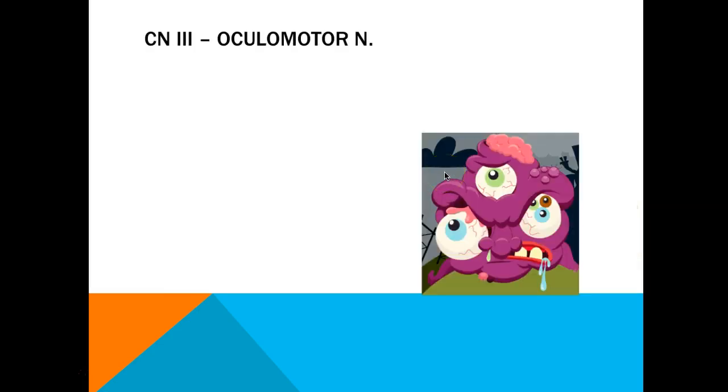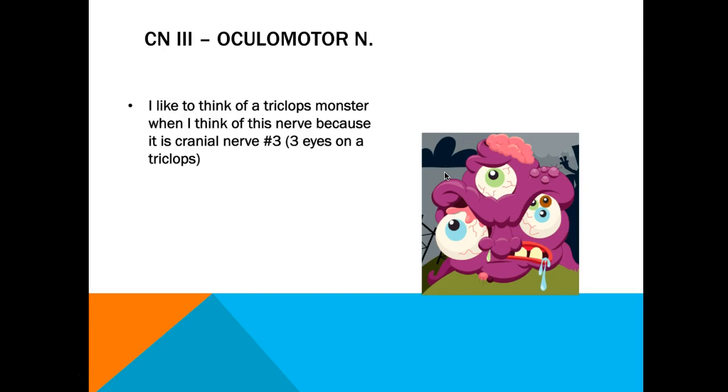So the way I remember what cranial nerve number 3 is, I think of oculomotor as oculomonster. So I think of it as a triclops monster, which is going to have 3 eyes, and that'll help me remember cranial nerve number 3, and also help me remember that we are going to have some type of function having to do with the eye.